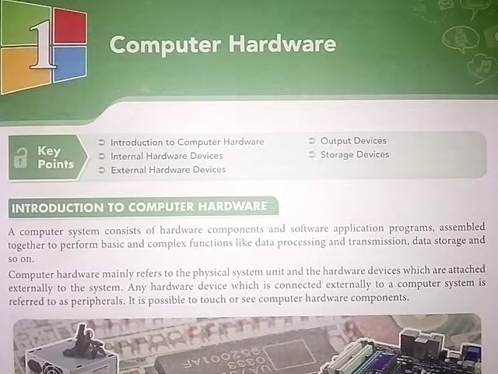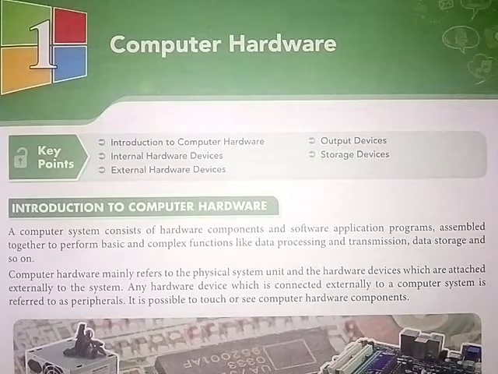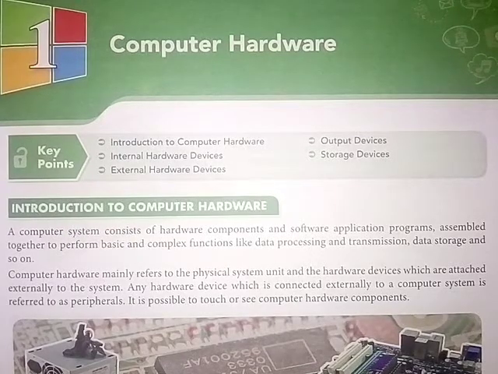Computer hardware mainly refers to the physical system unit and the hardware devices which are attached externally to the system. Any hardware device which is connected externally to a computer system is referred to as peripherals. It is possible to touch or see computer hardware components.